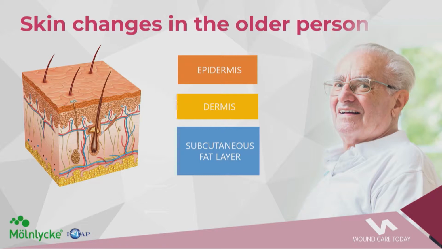So if it's thinner, it's less strong and more likely to tear. The epidermal dermal junction becomes weaker. So this is there to bind those two layers of the skin together, and unfortunately, because it is weaker, the dermis and the epidermis separate more easily.